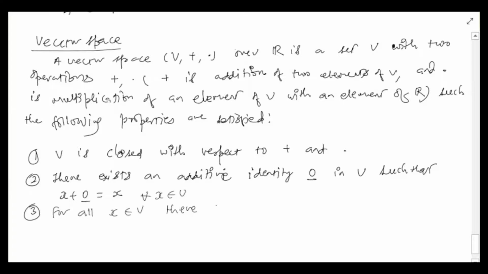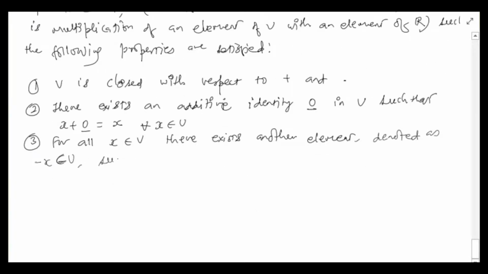So for all x in V, there exists another element denoted as, say, minus x in V, such that if I add these two, I'll get 0 vector.